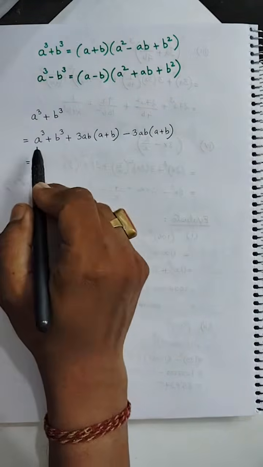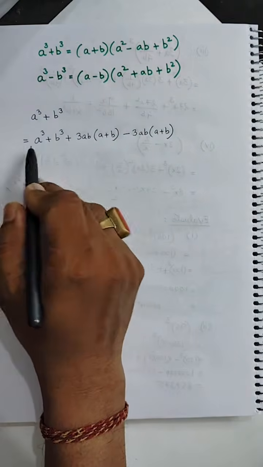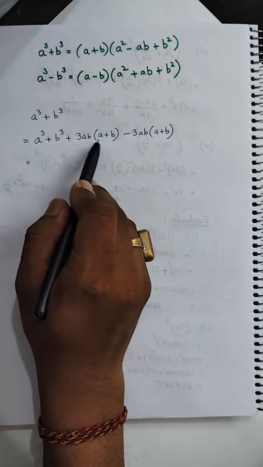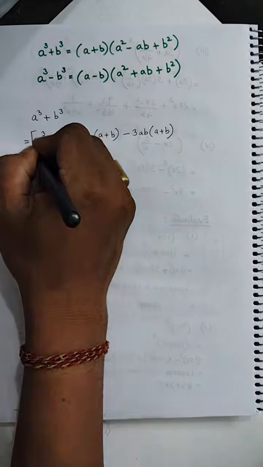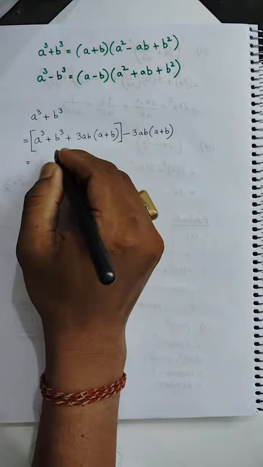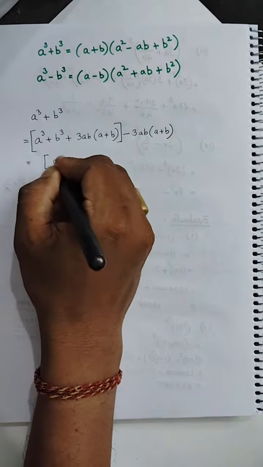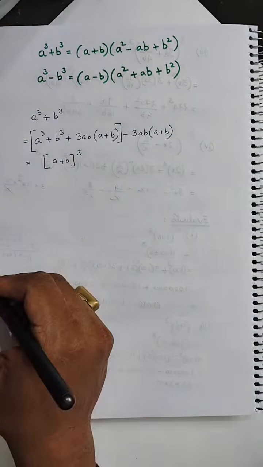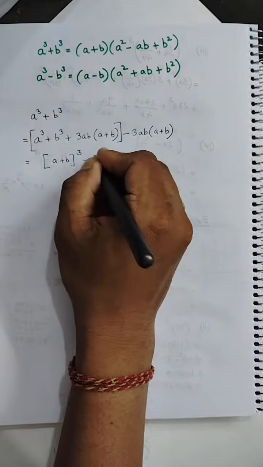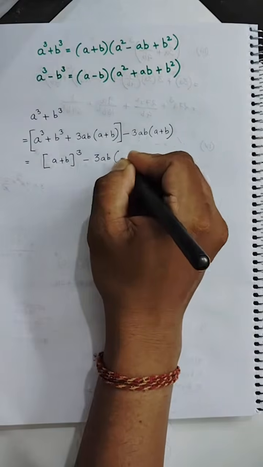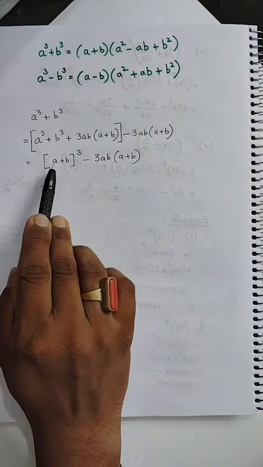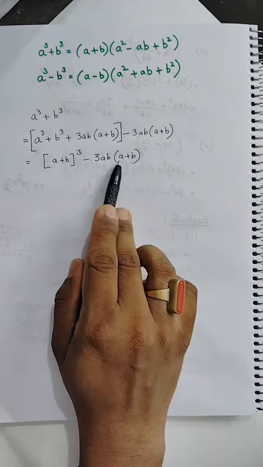Now is this part familiar to us? Yes, this is a cube plus b cube plus 3ab into a plus b. So let me put it inside a bracket. This is a plus b whole cube, and then we have 3ab into a plus b is it? Now we have a plus b whole cube and we have a plus b.